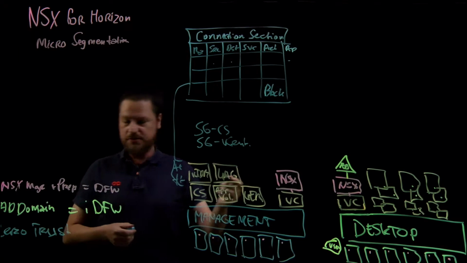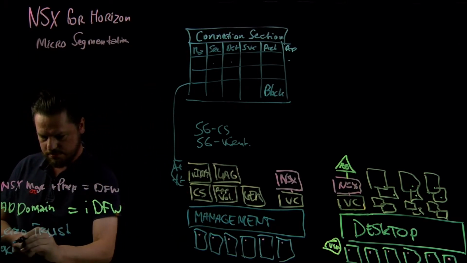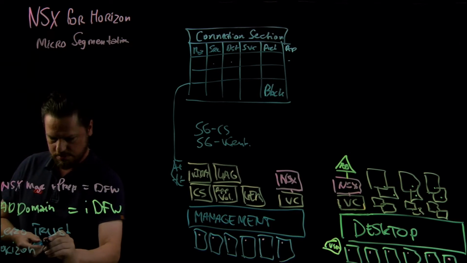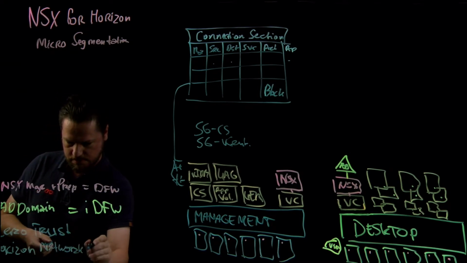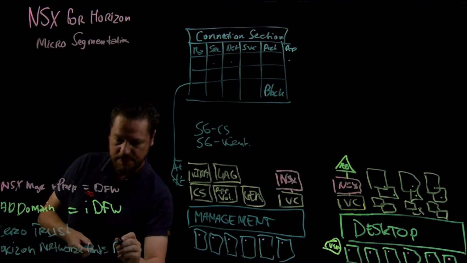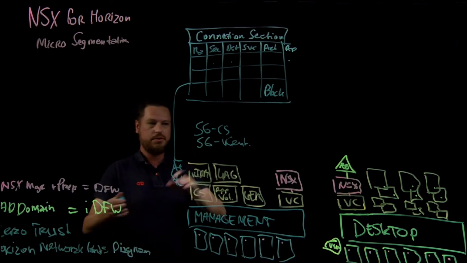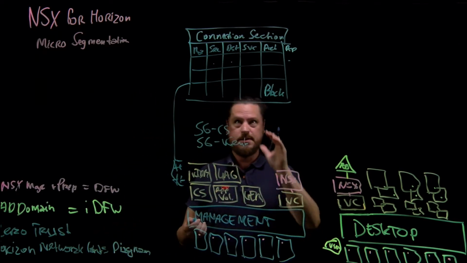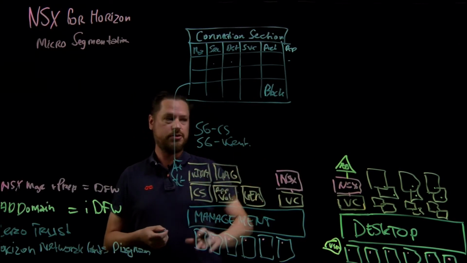So, like previously said, we have the Horizon network port diagram. That's on TechZone, so you can see it on TechZone. And there you can put all the Horizon architecture management components into several sections.